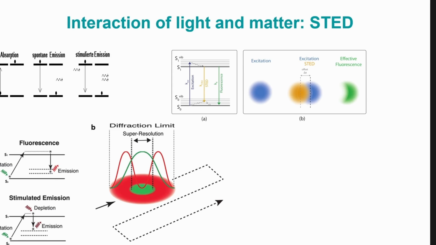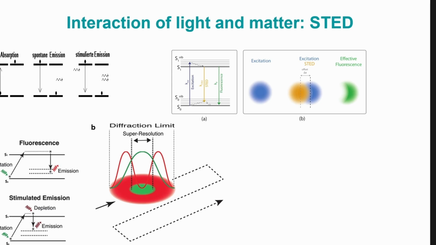Now, why is that? It is because this orange laser will have a funny effect on the fluorescent molecules. It will excite them, and it will force their electrons to come down. This is the orange line here, at a relatively small energy gap.